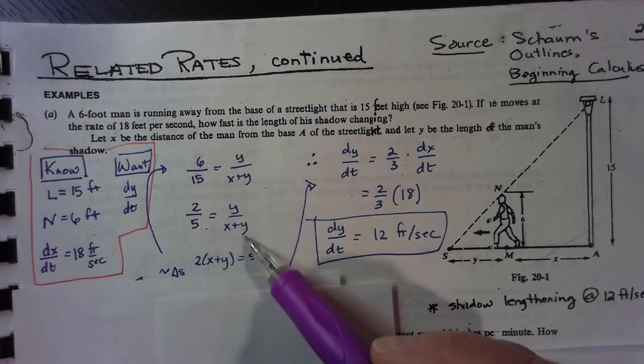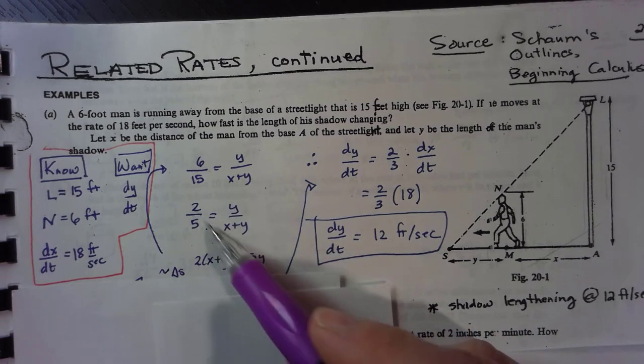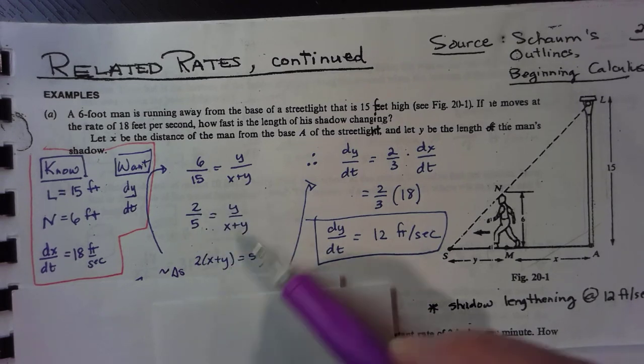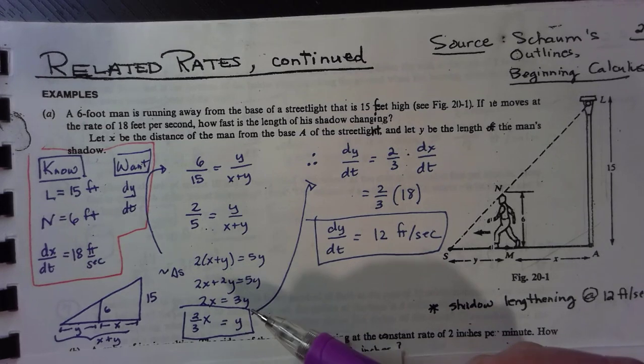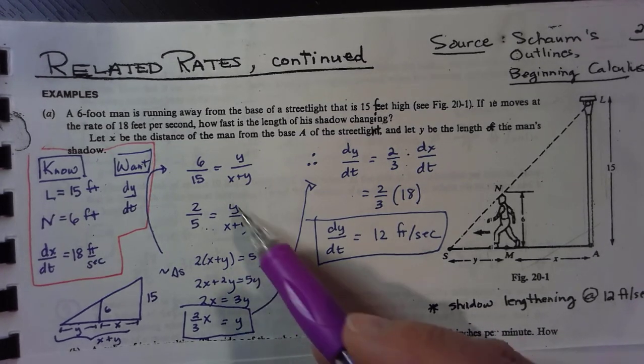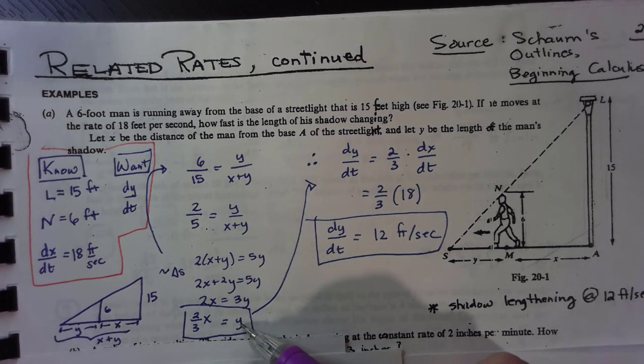And I could multiply both sides by 5 and multiply both sides by x plus y. A lot of you like to call that cross multiply. And I can actually relate y to x. That's what we're looking for. We are looking for an equation that relates y to x, so we can take the derivative of it.